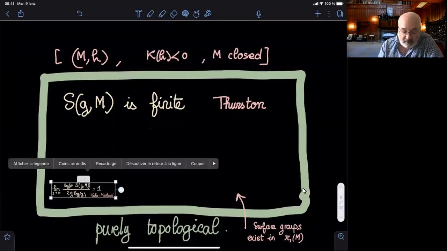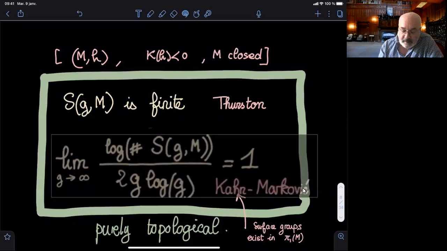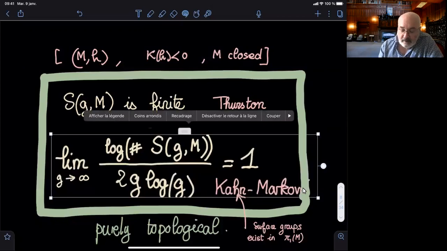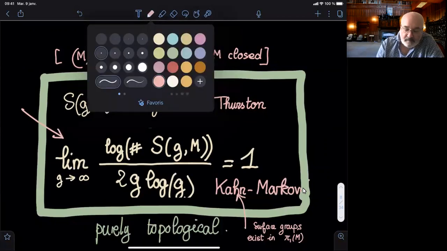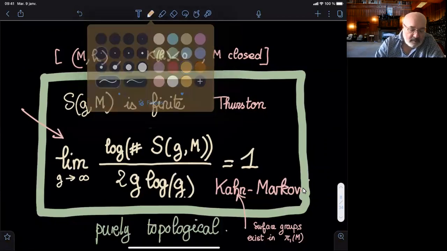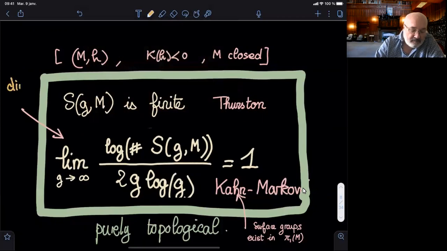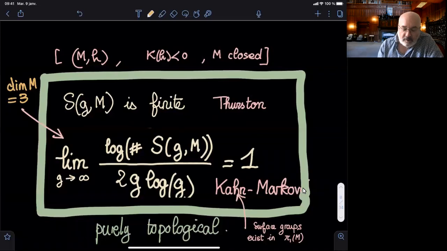Now I should say that you have to impose for this one that the dimension of M is equal to 3. It says that this number has a very precise asymptotic, which is written here.